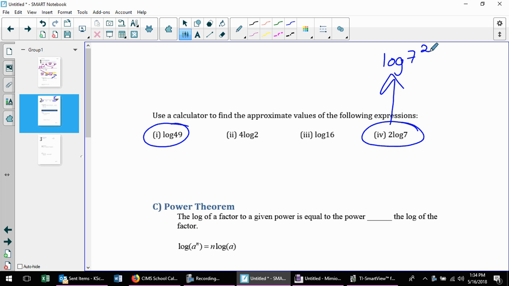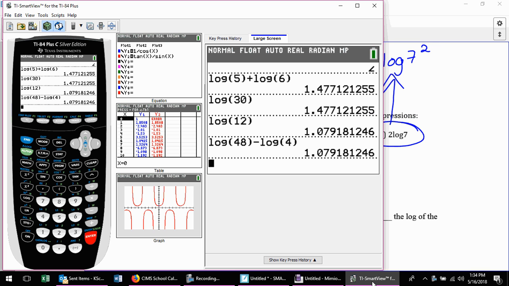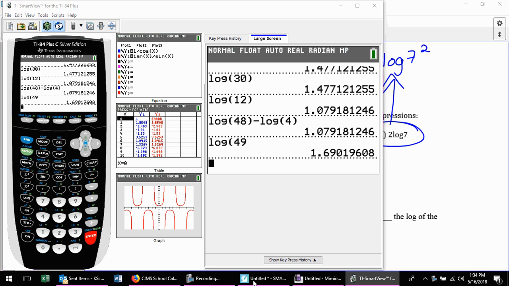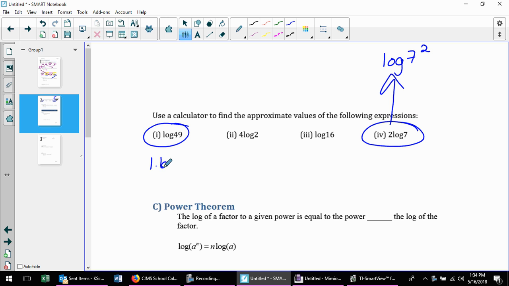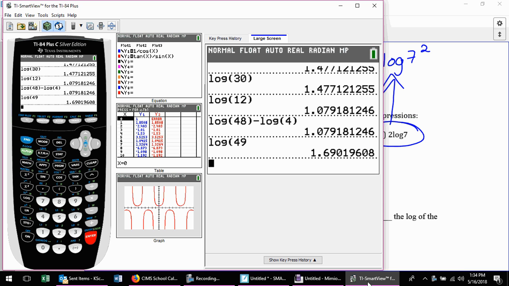Or you can actually evaluate it, which in this case we went to log 49. So if I do log 49 in my calculator, I get 1.690. And if I do 2 log 7 in my calculator, I get the exact same thing.